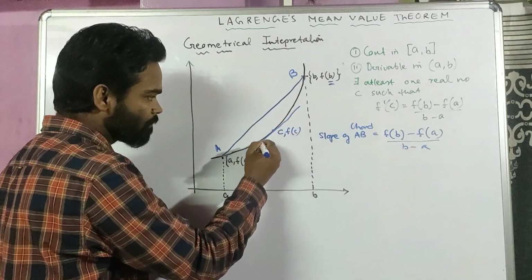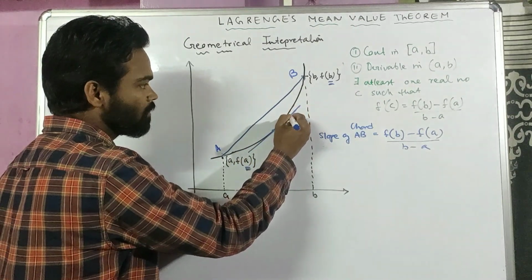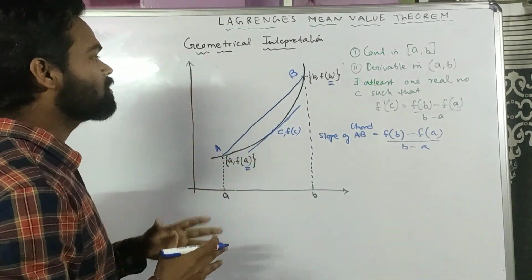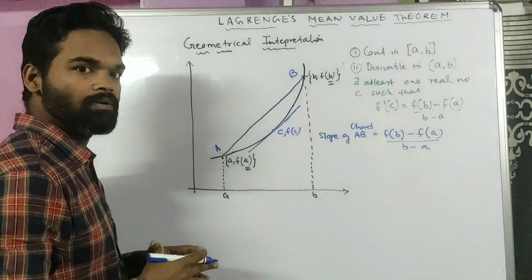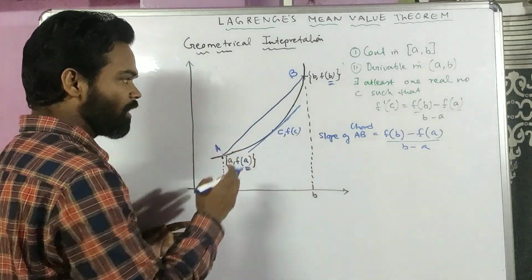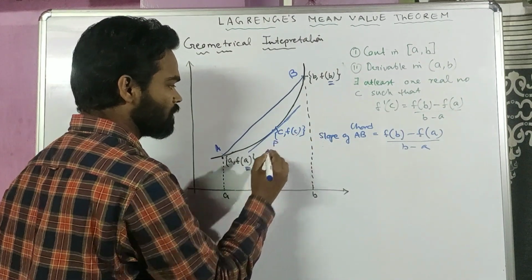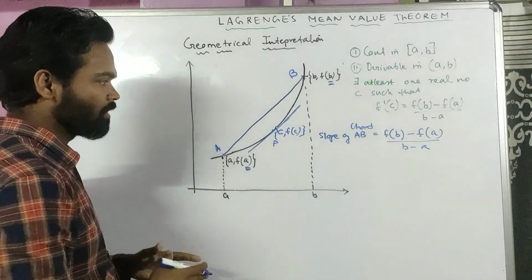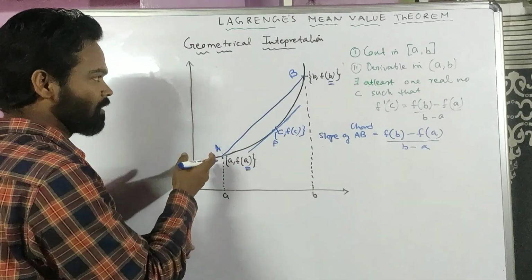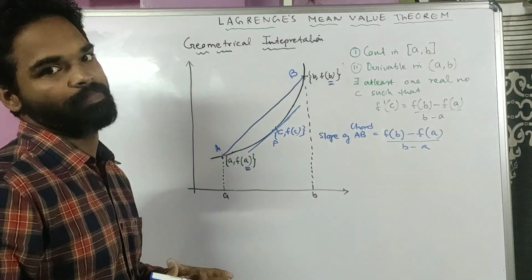That is the geometrical interpretation, that at this point, take it as suppose P, the tangent, if you draw, it will be parallel to the chord AB.